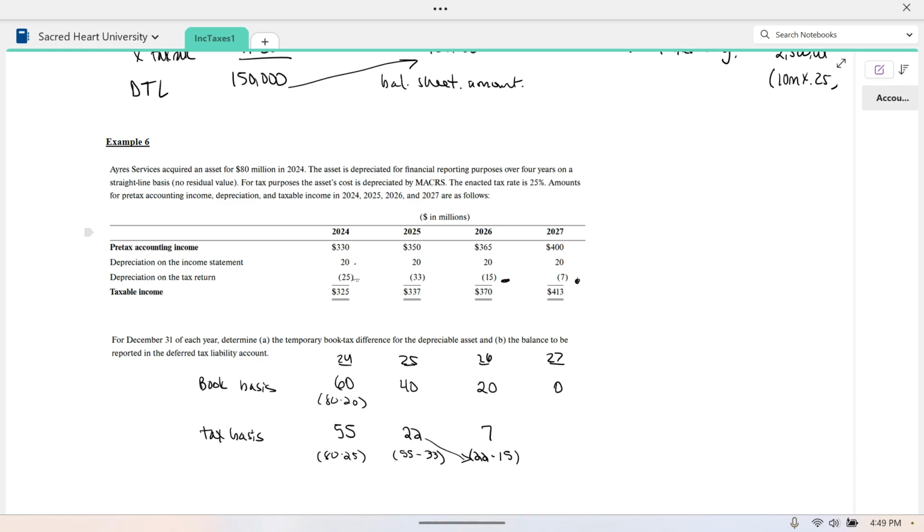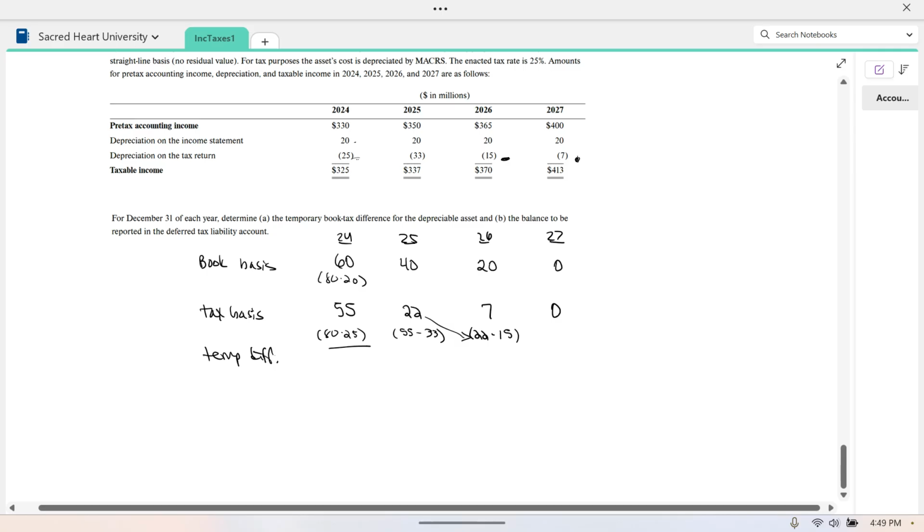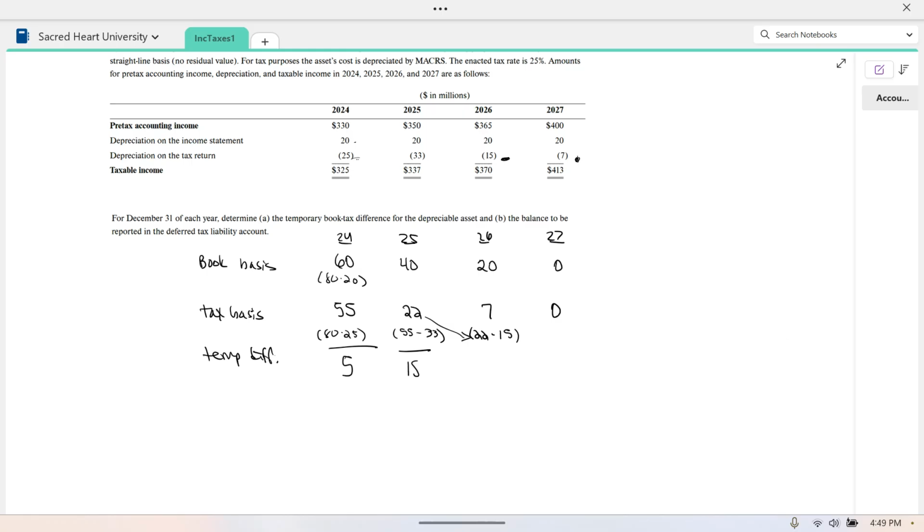And of course, we take that last 7 in the prior year and get down to a basis of 0. We can take the temporary difference. 2024, that's going to be 5. 60 minus 55. In 2025, 40 minus 22 is going to be 18. 20 minus 7 is 13 in 2026. And of course, nothing at the end of 2027.